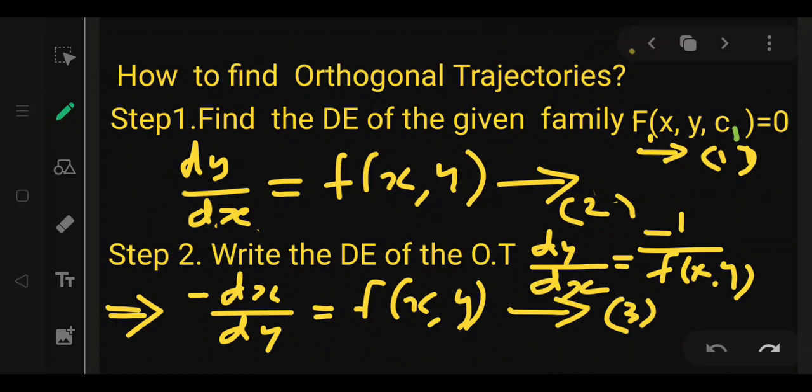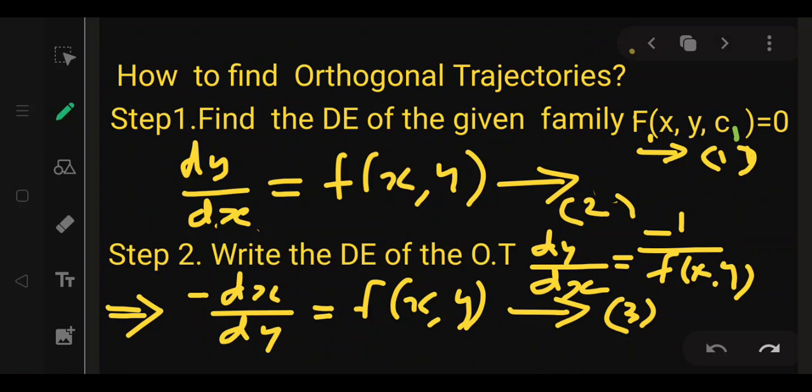Suppose we are given a family of curves whose equation is given by F of x, y, c1 equal to 0, where c1 is the parameter or arbitrary constant. So it is a one parameter family of curves. First of all, we have to find the differential equation of the given family.